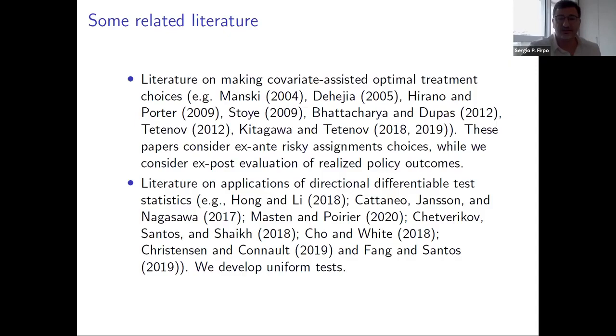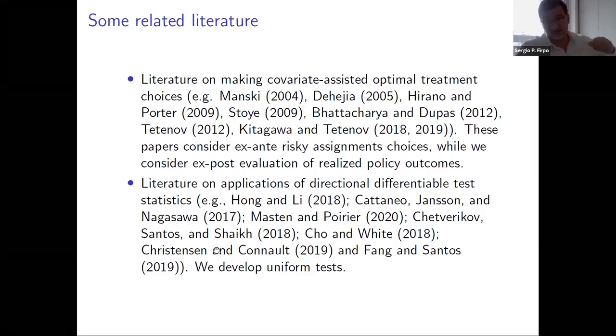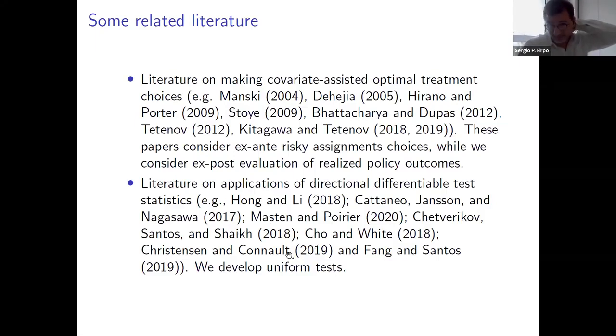Not really. We are doing so many things in this paper that it's difficult to say to which literature this applies. But we are also applying the literature that, for example, André Santos and Azim Shaikh have worked on recently. That's basically an application of directionally differentiable test statistics. And if I have time, we're going to talk about that.